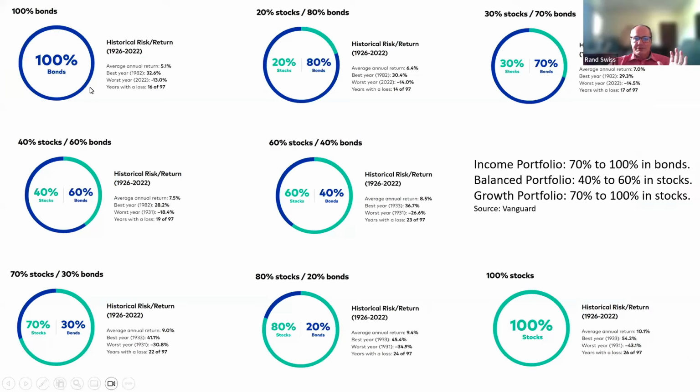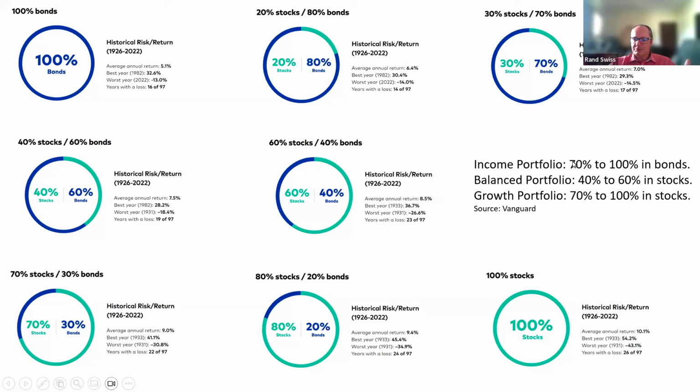So here you'll see the top row is just to put them in kind of wide definitions. Hopefully you can see the arrow of my mouse moving over the screen. So the top row is the income portfolio.